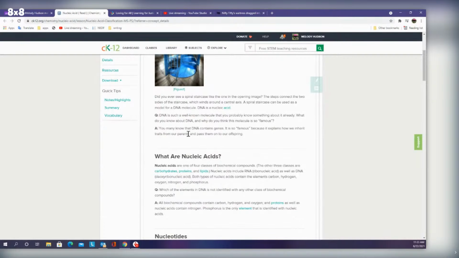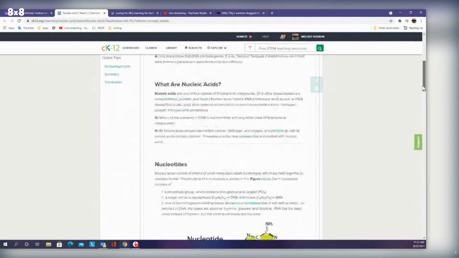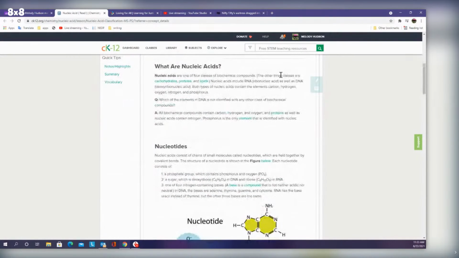And as you know, DNA contains genes. It is so famous because it explains how we inherit traits from our parents and pass them on to our offspring. What are nucleic acids? Well, they are one of four classes of biochemical compounds. The others are carbohydrates, proteins, and lipids, which are also known as fats.